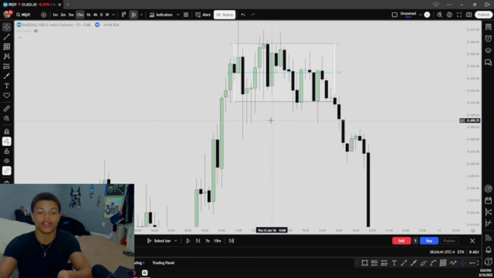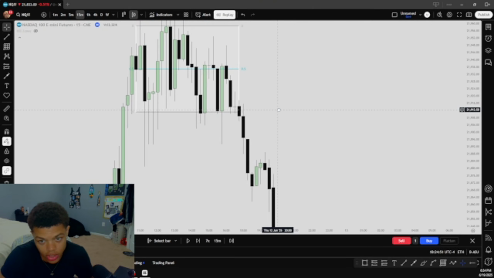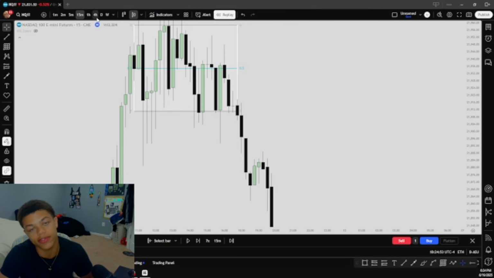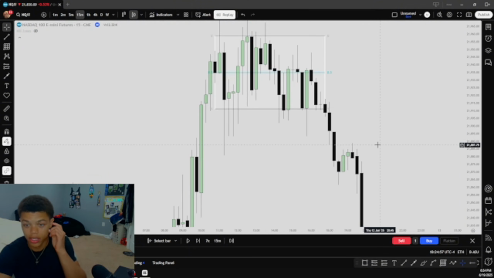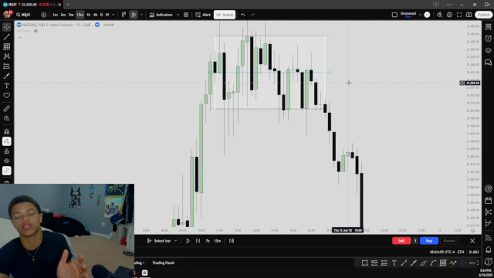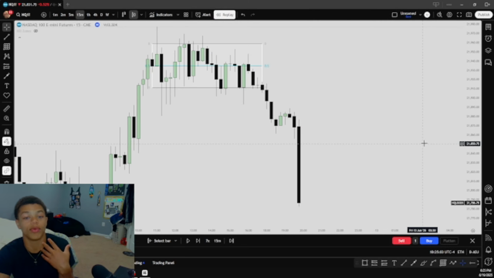If it's a huge wick, I'm not going to enter off of it. No, no, no. You want to wait till a 5-minute candlestick closes out of structure. In this scenario, since we're on the 15-minute time frame, it's a 15-minute candlestick close out of that. It just needs to be a candlestick close out of that structure to then say we're going to the downside and we broke structure.